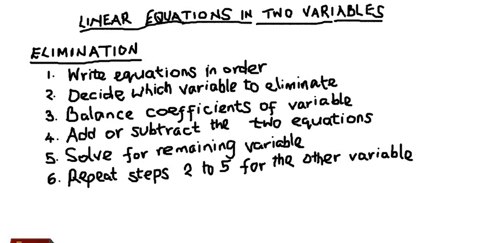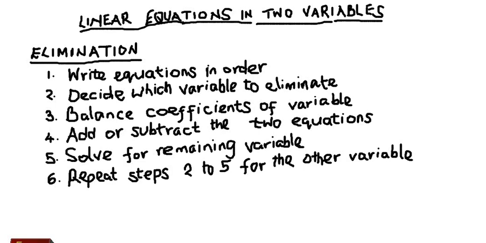So that's what we mean by writing the equations in order. You should not solve the simultaneous equations if the variables are not in order, because that could be the beginning of confusion and you may not be able to find the correct answer.